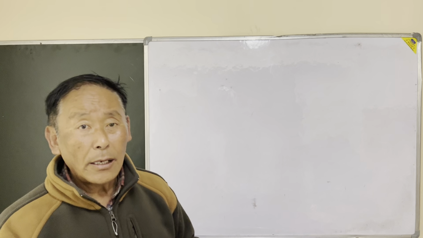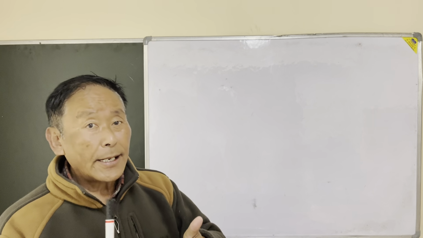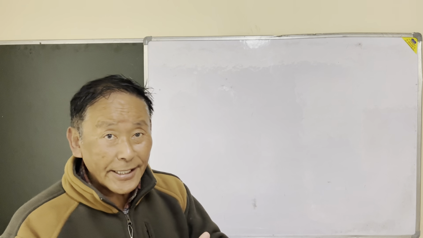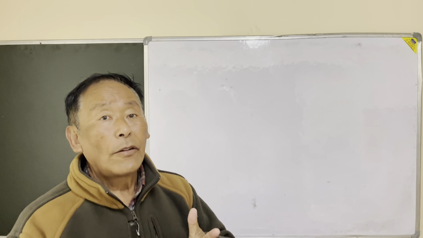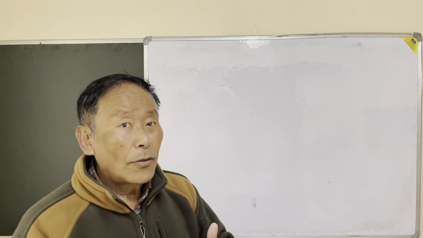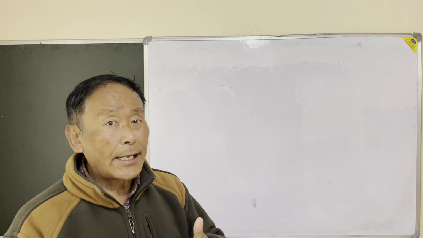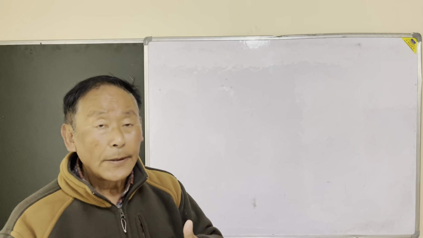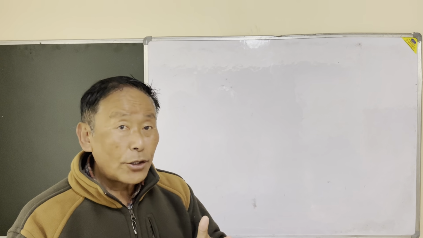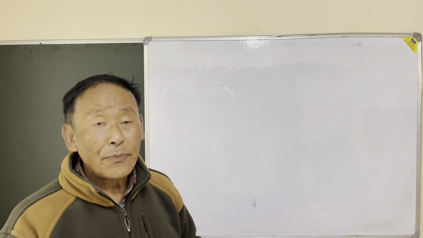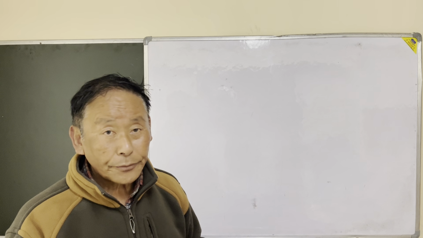Welcome back. So far, we covered the 30 consonants, 4 vowels, 3 subjoints, 3 superscripts. And last time we did suffix ga.